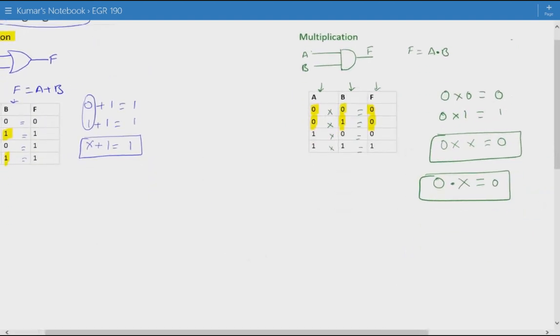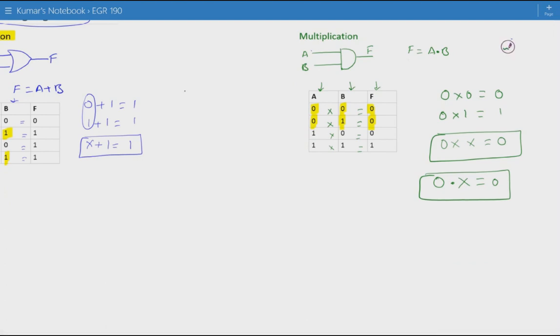Let's look a little more. Now we said 0 multiplied by something is 0, but what about 1? So let's look here. What is x multiplied by 1 equal to? X could be either 0 or 1, so let's verify. 0 times 1 becomes 0, 1 times 1 becomes 1.